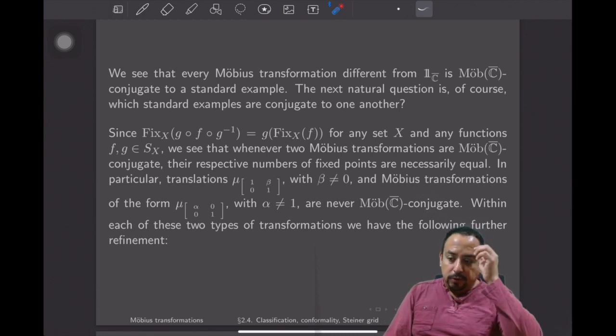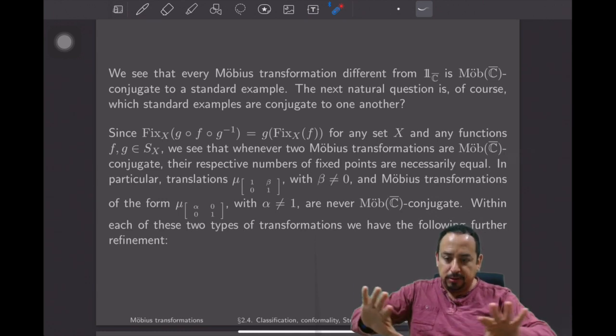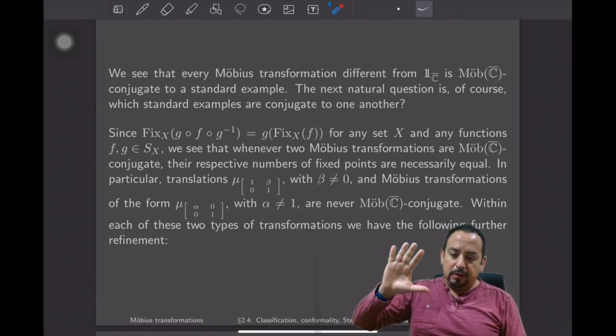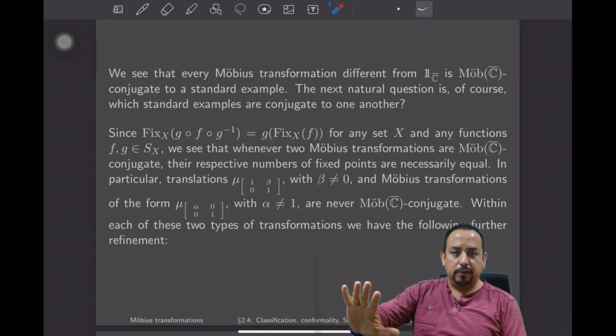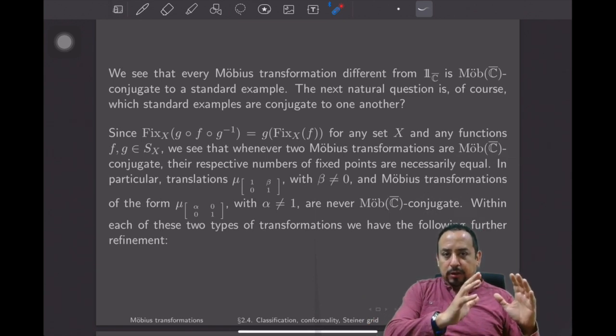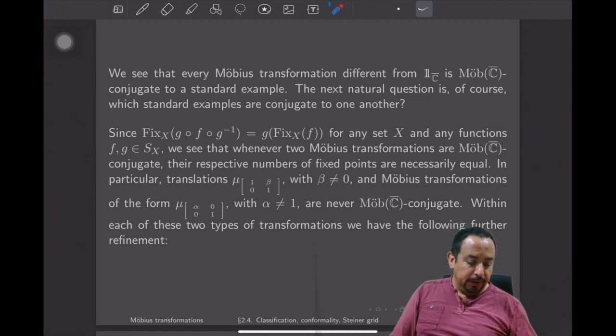So we can already start distinguishing the two cases, right? We can focus on first classifying all translations up to conjugation in the Möbius group, and second, we can focus on classifying all the functions of the form multiplying by some non-zero complex number up to conjugation in the Möbius group.